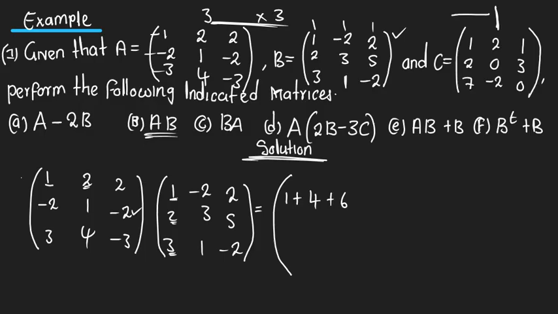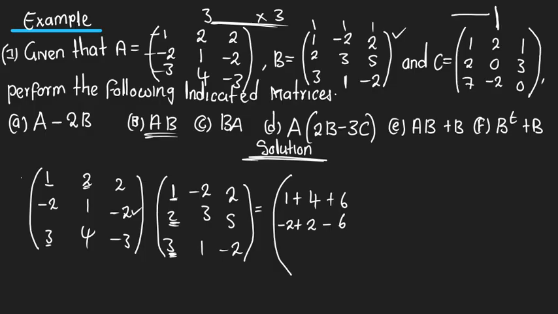Negative 2 multiplied by 1, it's negative 2. 1 multiplied by this 2, it's plus 2. Negative 2 multiplied by 3, sorry, it will give you negative 6.